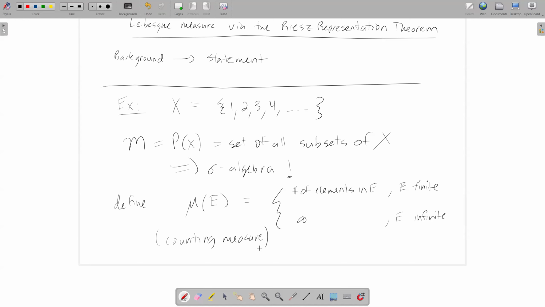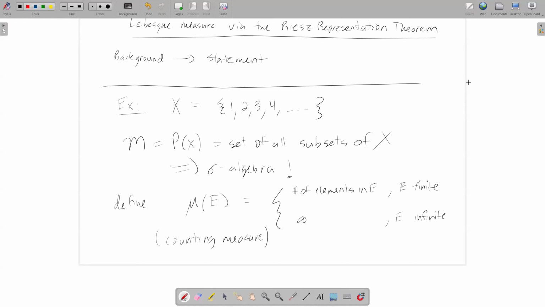You can think through how you know this is countably additive. That will just come down to checking; the countable additivity is pretty easy to see if you think about it.